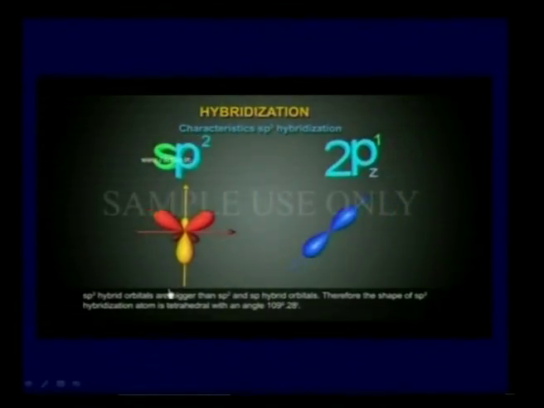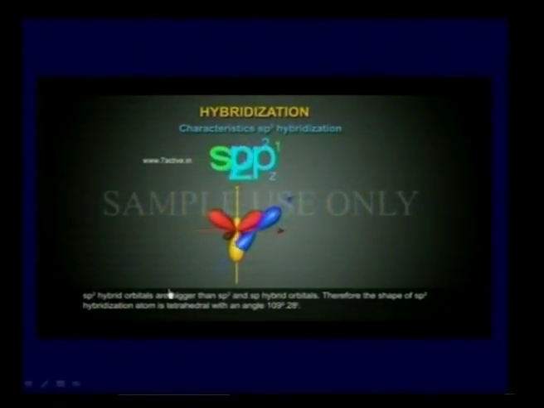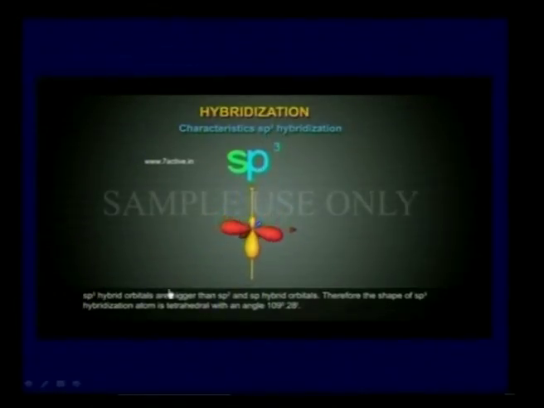Now we are going to see characteristics of sp3 hybridization. sp3 hybrid orbitals are bigger than sp2 and sp hybrid orbitals. Therefore, the shape of sp3 hybridized atom is tetrahedral. In this process, we get 109.5 degrees.